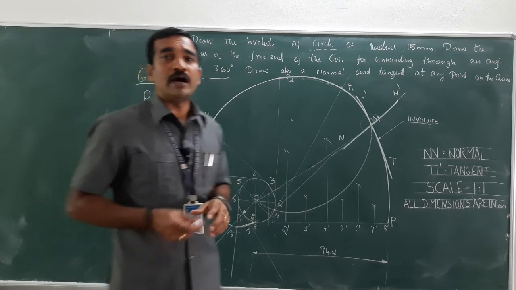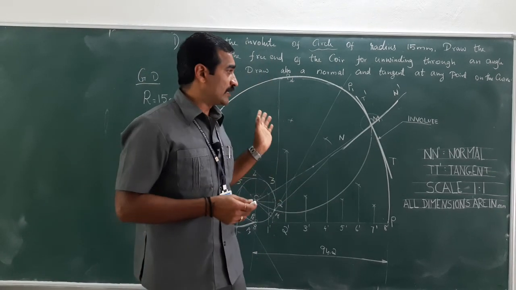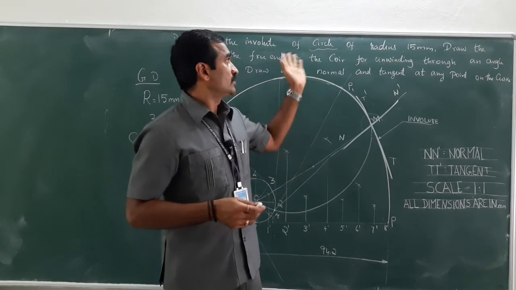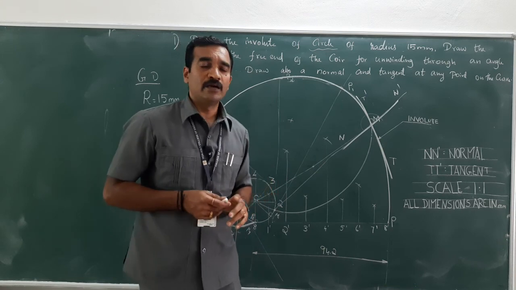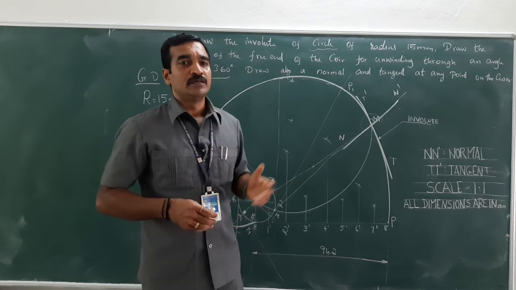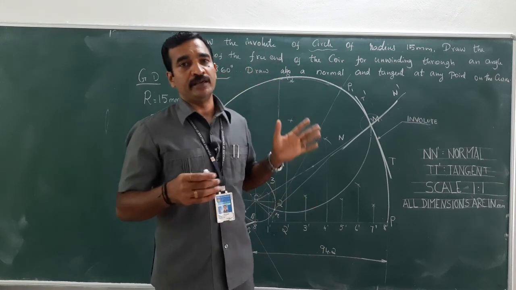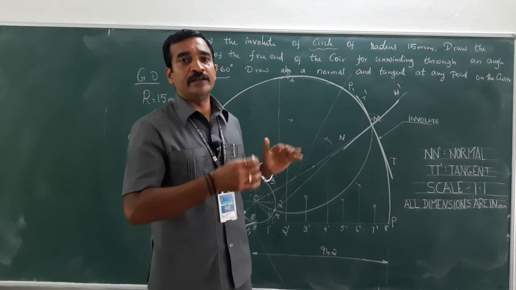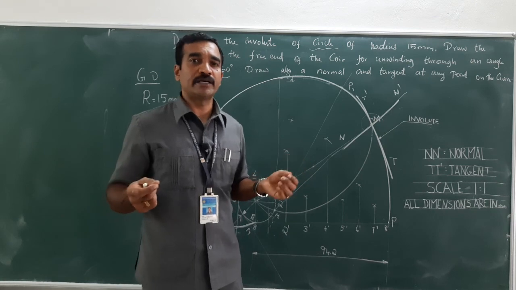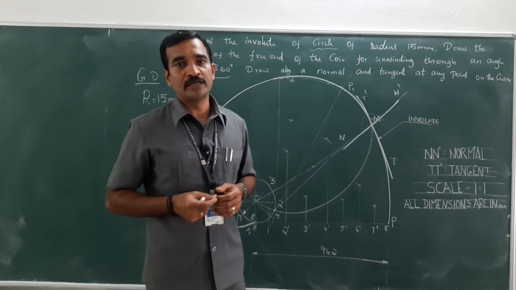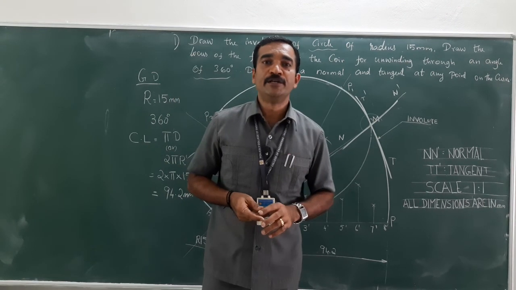Hope you all have understood the concept how to construct the involute of a circle. I will teach you a couple of methods to construct the involute when the string length is shorter or more than one complete bound in the upcoming videos. Thank you.